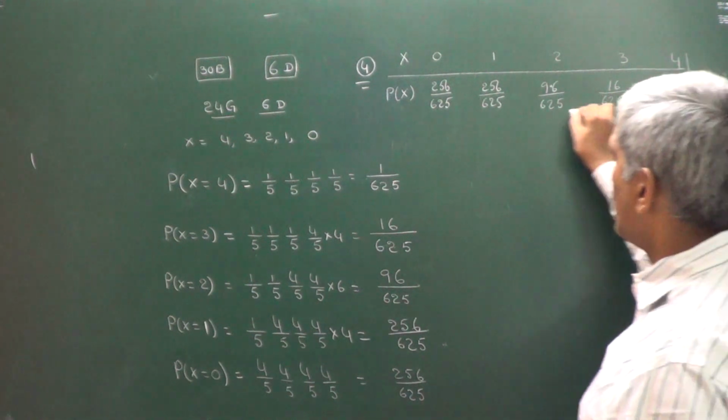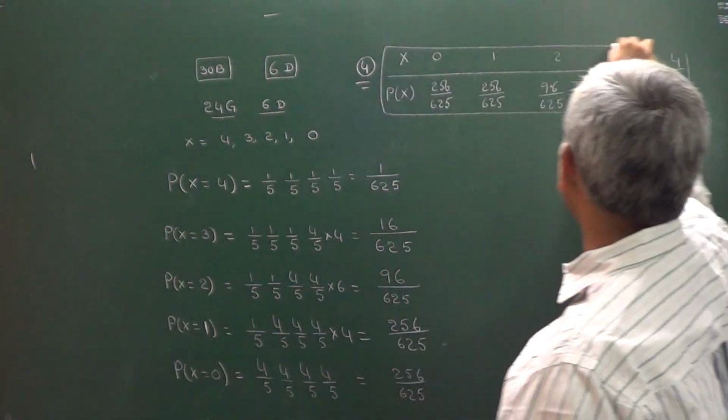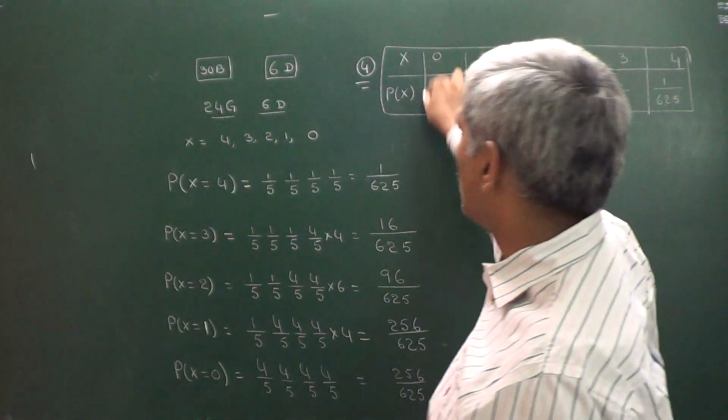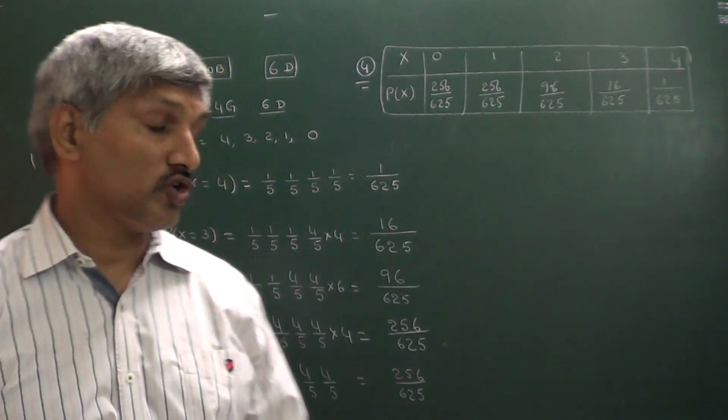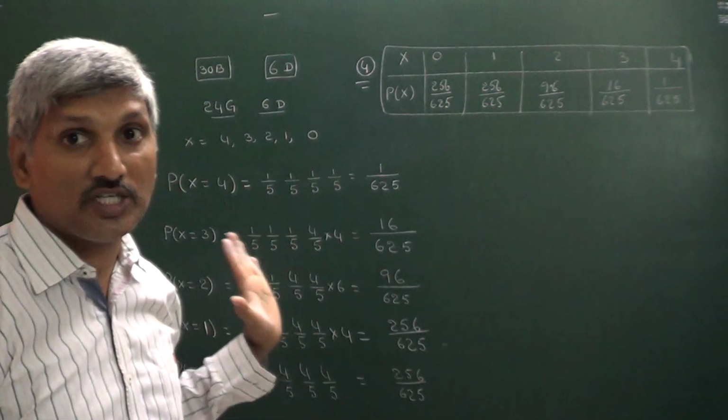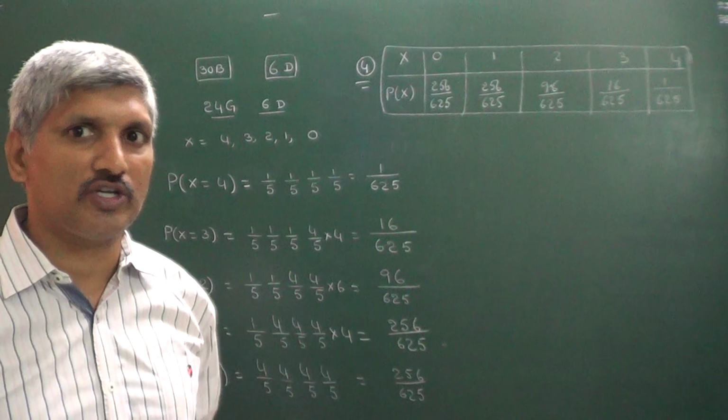So this is the probability distribution for the number of defective bulbs. No doubt the sum of the probabilities you will get is 1. So that is the way of doing a particular question.